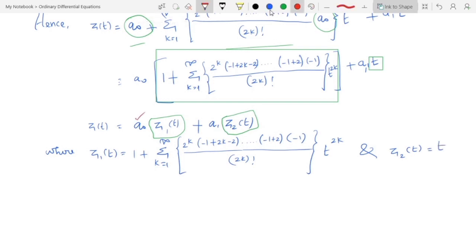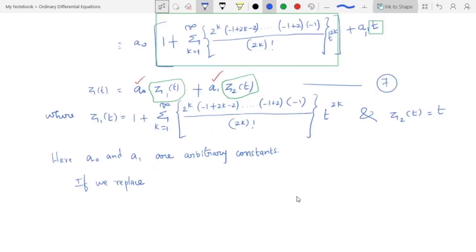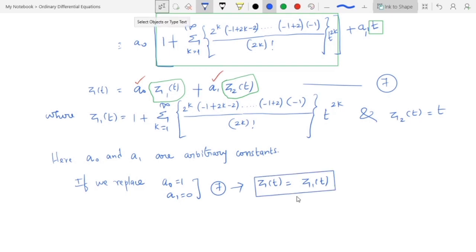Here a0 and a1 are constants. If we replace a0 by 1 and a1 by 0, equation 7 becomes z of t is equal to a0 is 1, so 1 into z1 of t is z1 of t, a1 is 0, so totally 0. That is, no second term, so we get z of t equal to z1 of t.